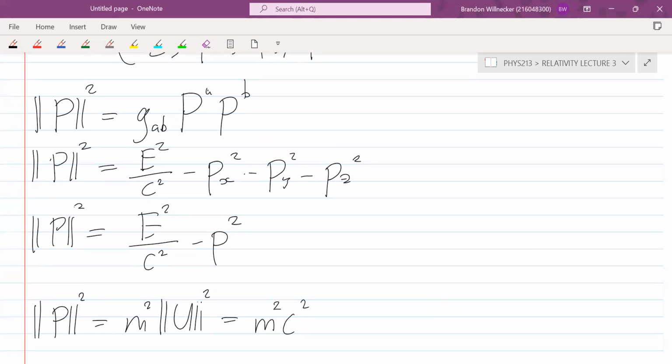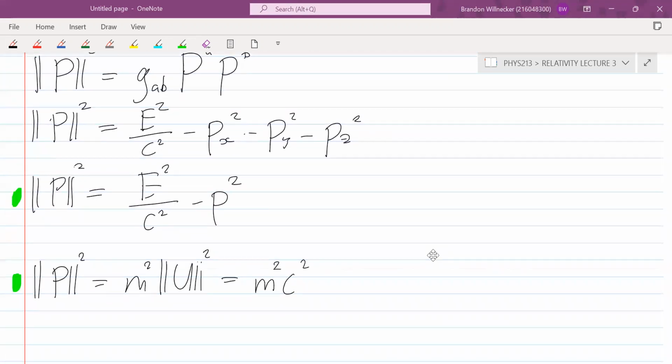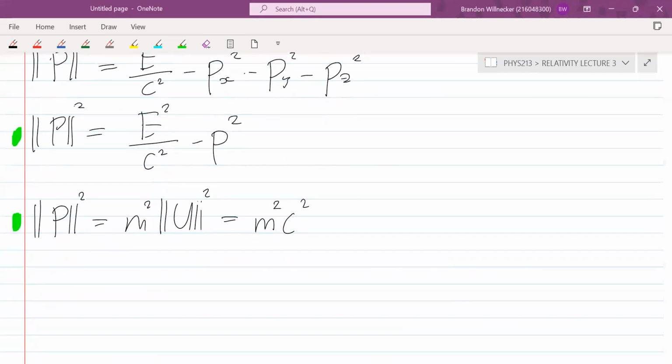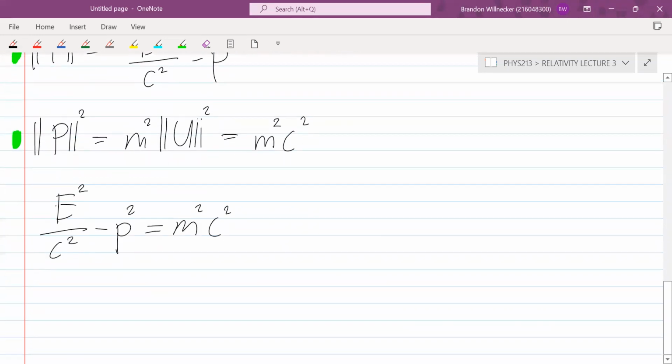Now we've got these 2 views on the 4 momentum. We've got that one and this one. Now they must be the same, right? So if we equate the 2, we end up with E squared over c squared minus P squared is equal to m squared c squared.